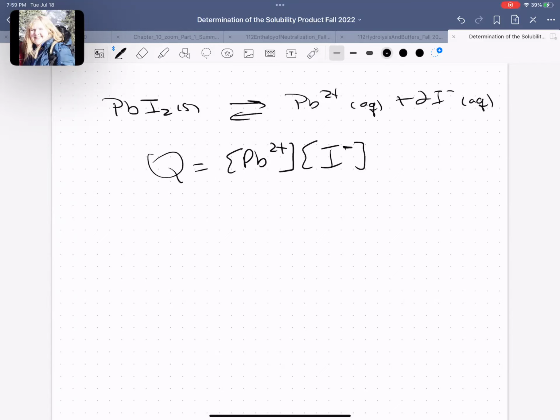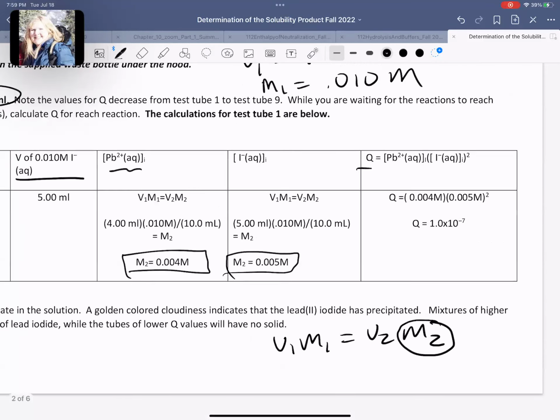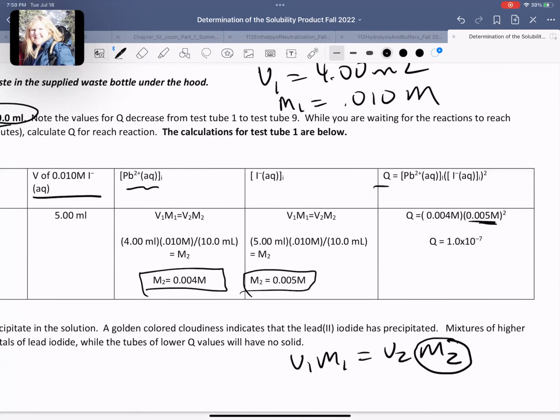And when we do this, back to chapter 13, our equilibrium chapter, we know that we have to raise our concentrations to their stoichiometric coefficients. So we're going to square the concentration of the iodide, which is what goes over here, and that's going to give us this squared value.